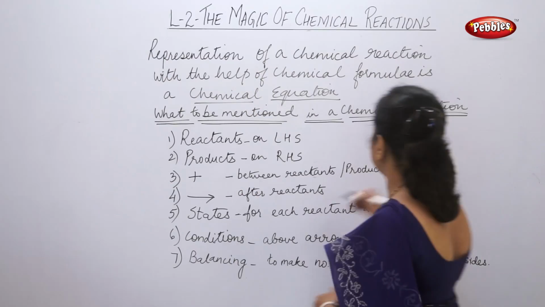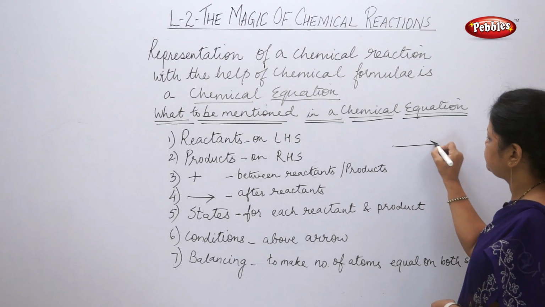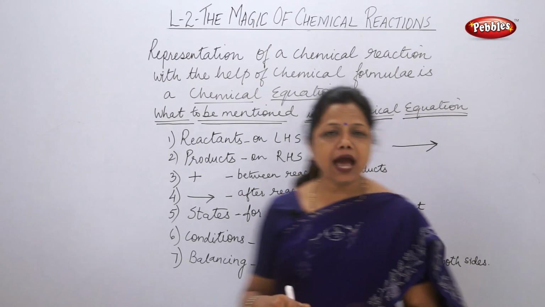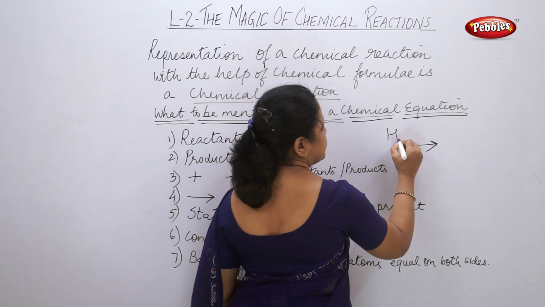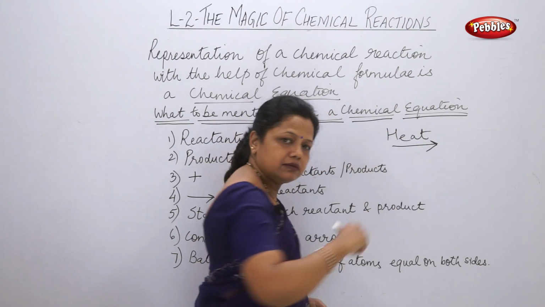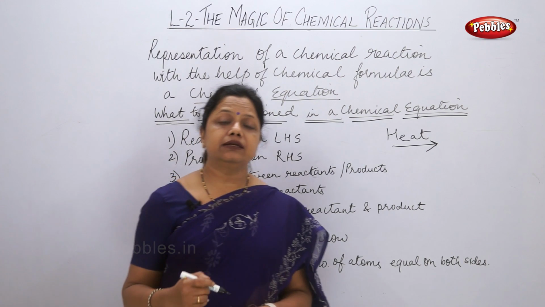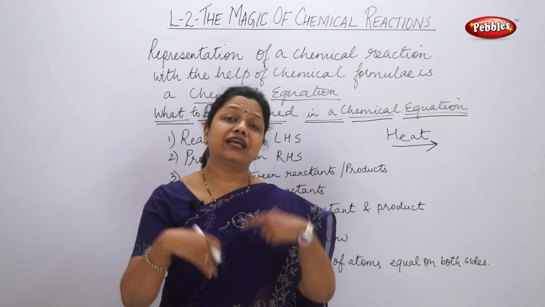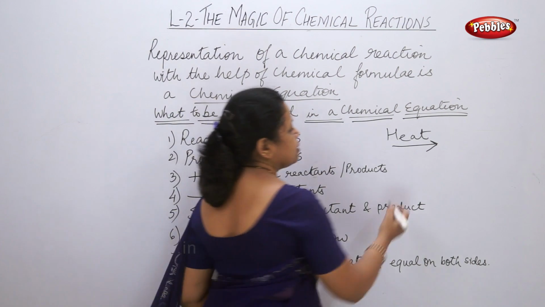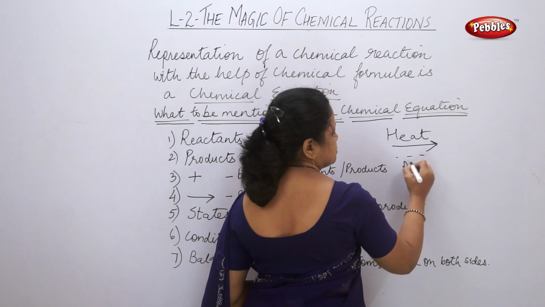So when we write a reaction, we put an arrow mark. Above the arrow mark, I can write that heat is provided. If the temperature is provided and pressure is also increased, I can write so and so pressure.